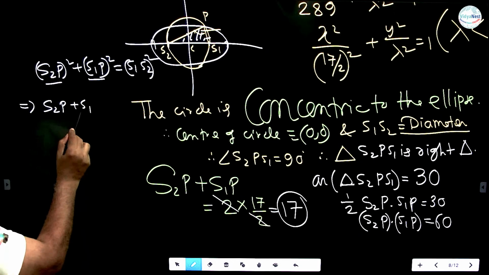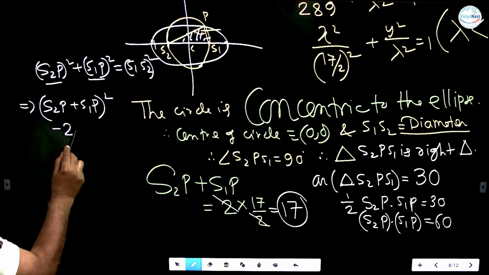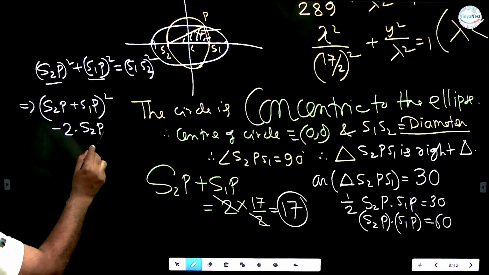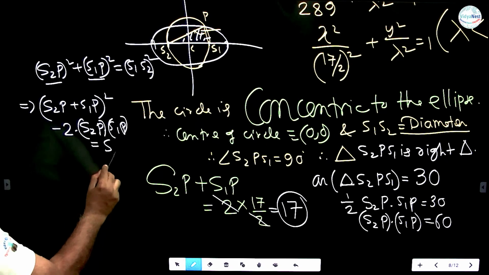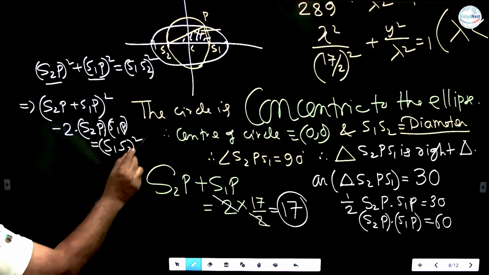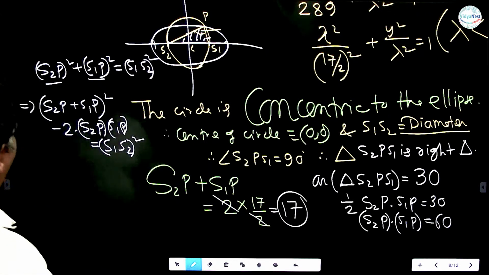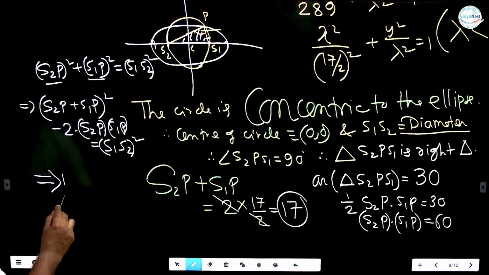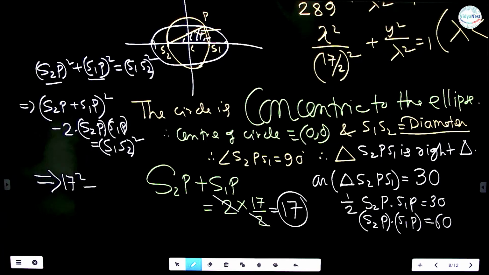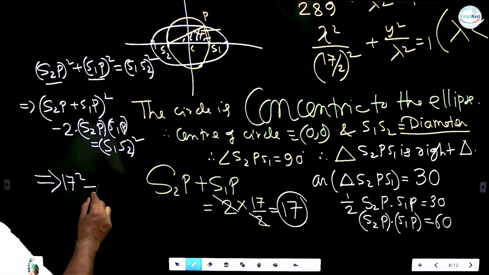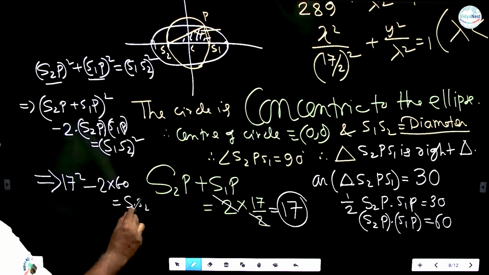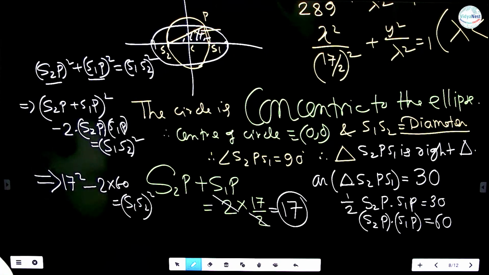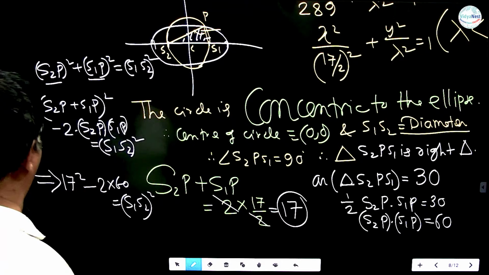S2P plus S1P whole square minus twice S2P into S1P is equal to S1 S2 whole square. This is 17 square, and so S1 S2 whole square is like that.